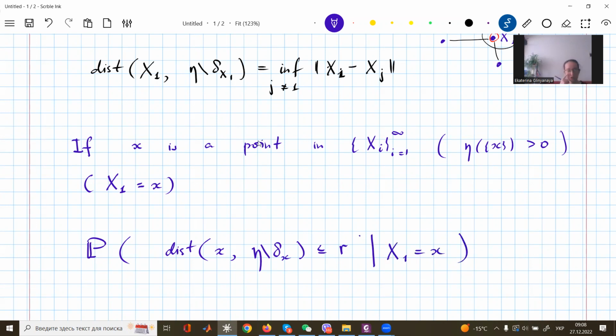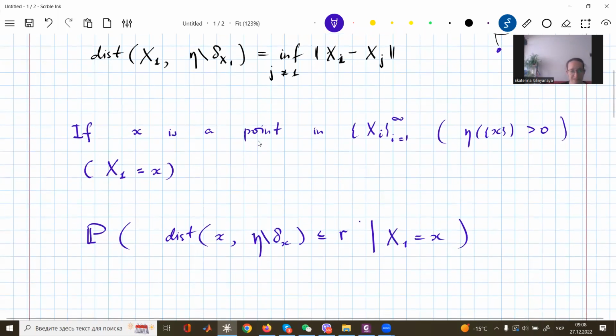So now the question is to find the conditional distribution of some functionals of a point process. How can we define the conditional distribution of a point process?